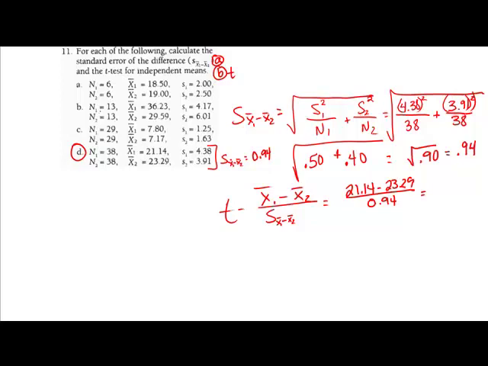Back to our calculators. A negative 2.18.